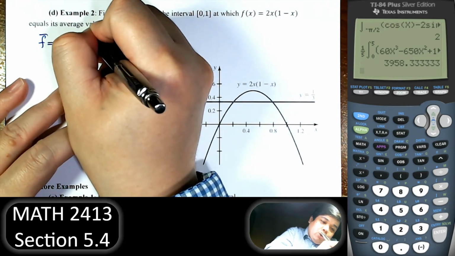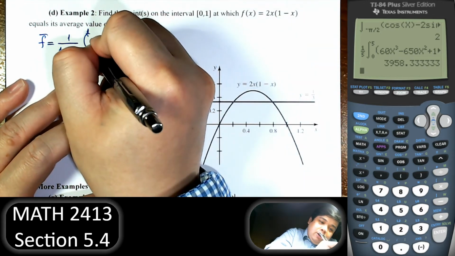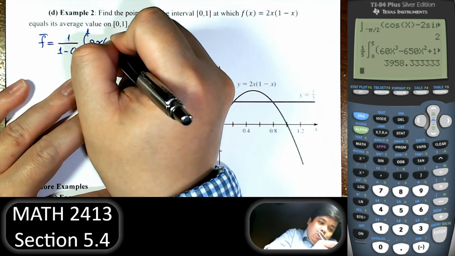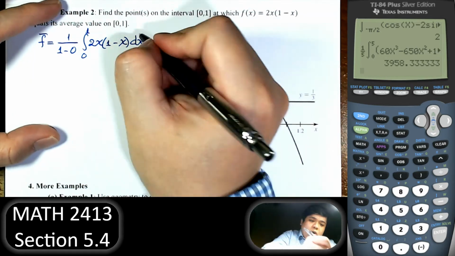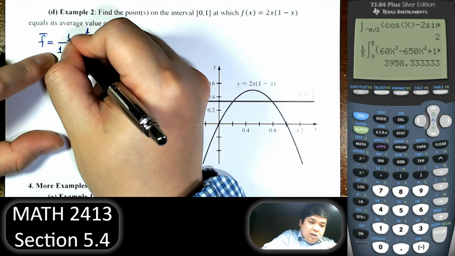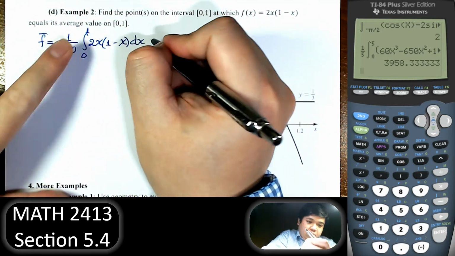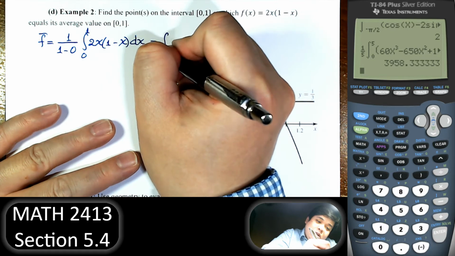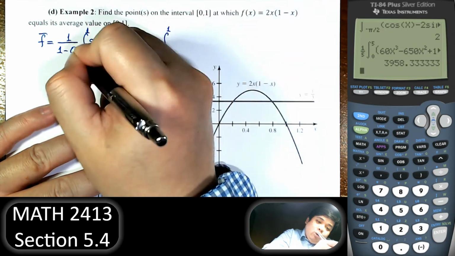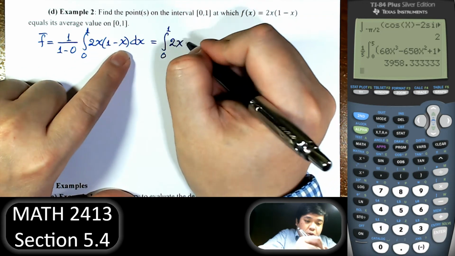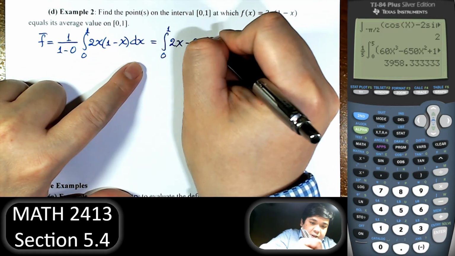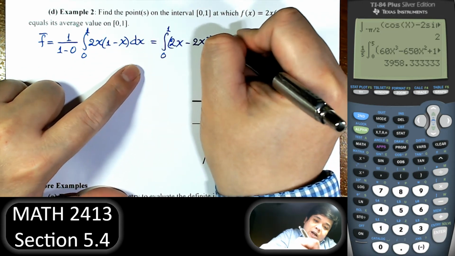The integral from 0 to 1 of 2x times (1 minus x) dx. Let's do this one by hand, because 1 divided by 1 is 1, so we just have to integrate. I will multiply it out to 2x minus 2x squared. Right. Let's integrate.